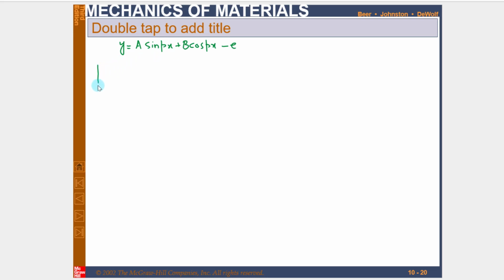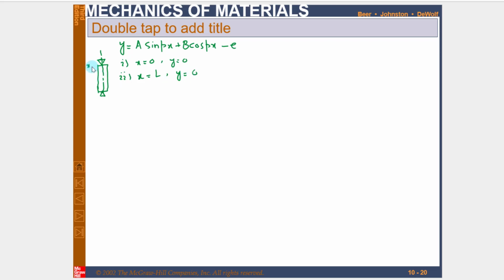So you can see this was a column, let's say this was a pin-ended column. At first, the boundary condition was at x equal to 0, y is equal to 0, and the second boundary condition was at x equal to L, y is equal to 0.